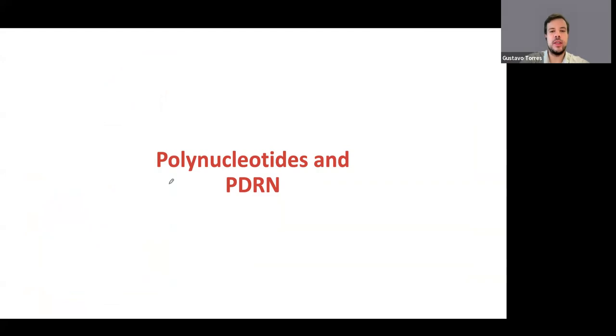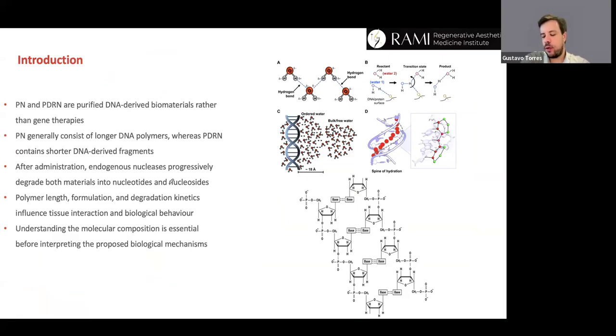So when you talk about polynucleotide, pDRN, and so on, we're always talking about DNA. The first and foremost, which is not going to be the main theme of our discussion today, is the molecular chemical structure of DNA. It's always important to remind you that the phosphate bonds are in the backbone of the DNA, which is represented here in blue.